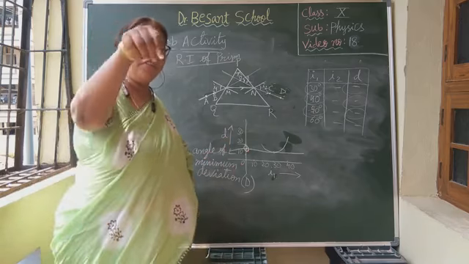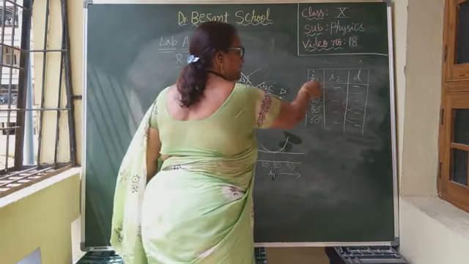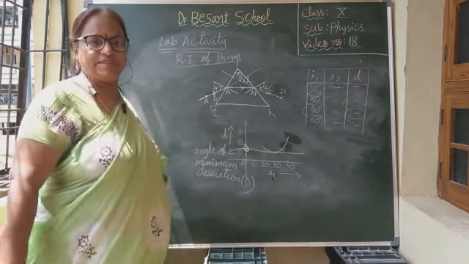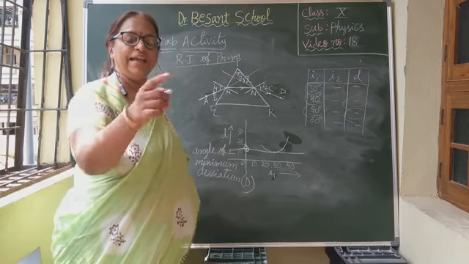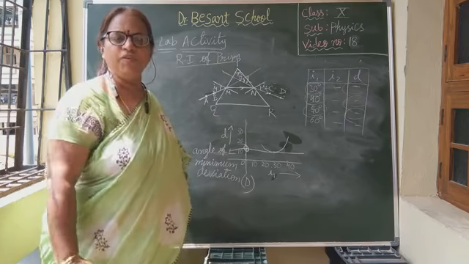At what value of angle of incidence will you get the angle of minimum deviation? How do we find that?